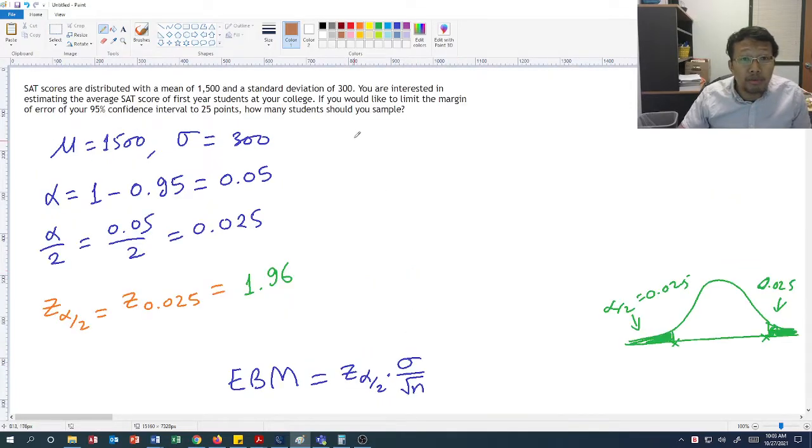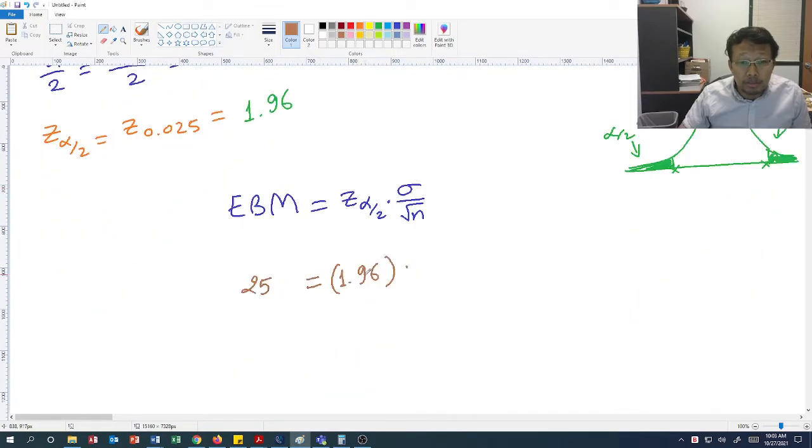Sigma was 300, so that's 300 over there, and root n is just over there. The only thing that we need to do is solve this equation and find the value of n, the sample size.